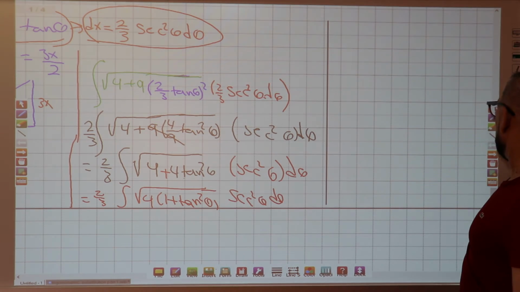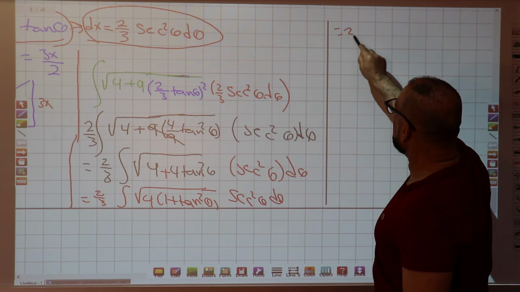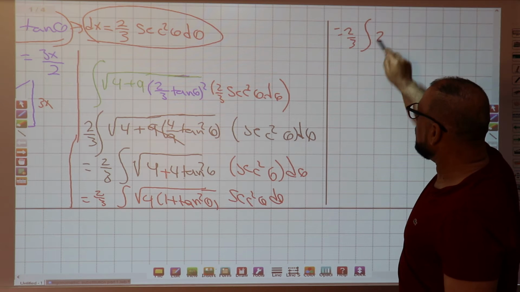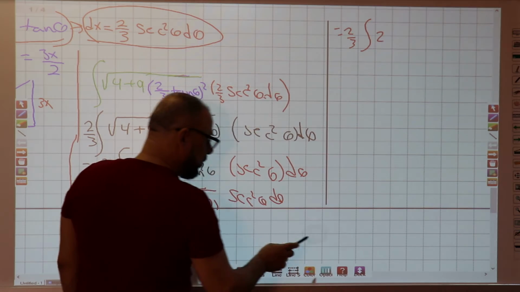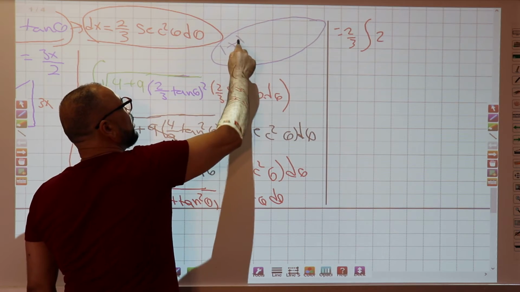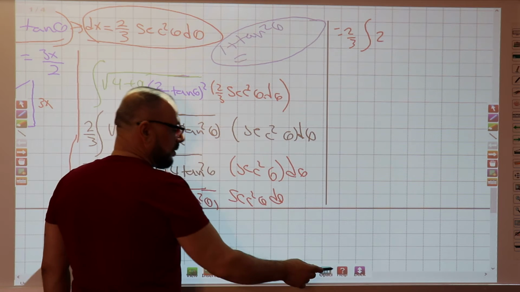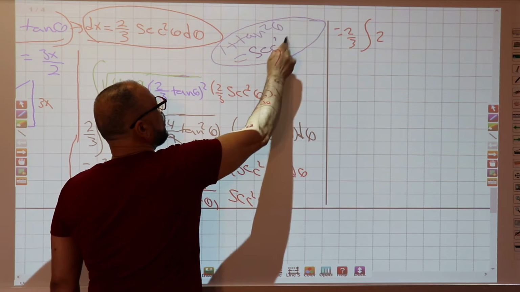Good. Then the last integration is 2/3, and the 4 here becomes 2. And remember here, I'm going to use this color: 1 plus tan square theta equals secant square theta.